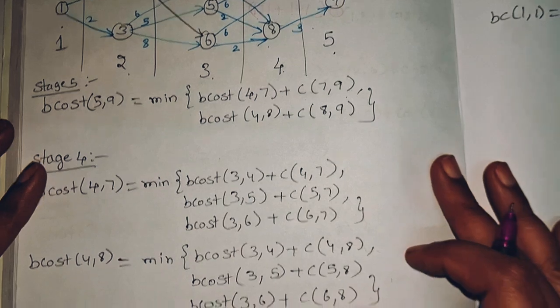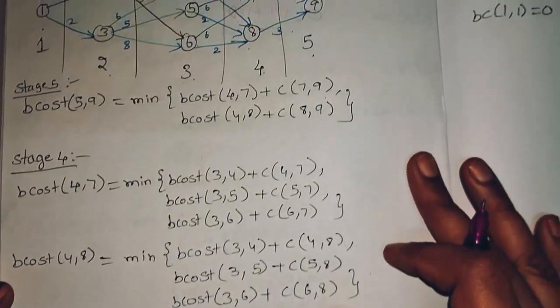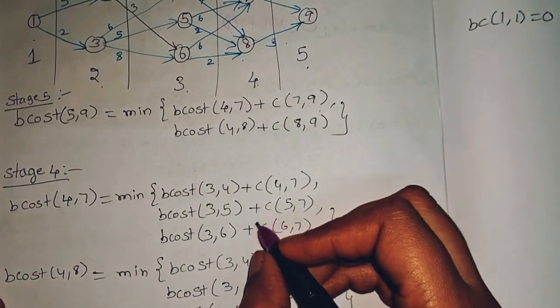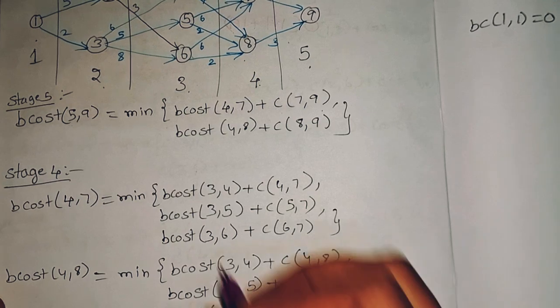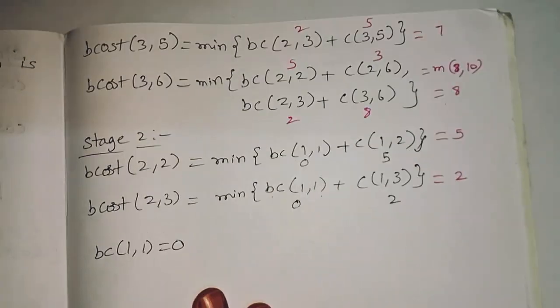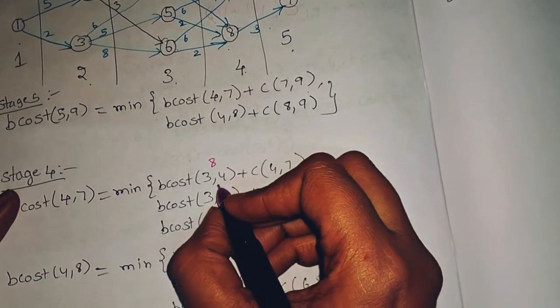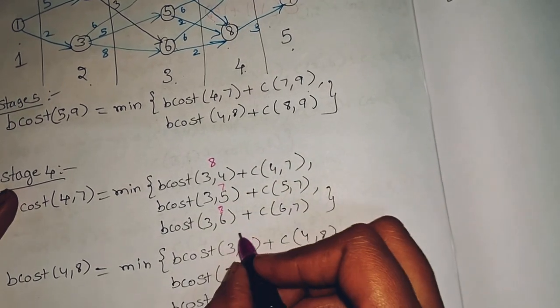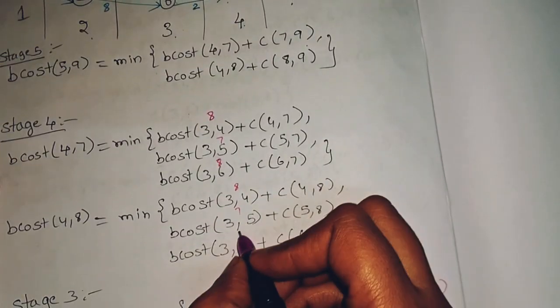Now we are going to substitute the stage 3 values into stage 2. What is the backward cost of 3 comma 4? 8, 3 comma 5 is 7, and 3 comma 6 is 8. So here also 8, 7, 8.